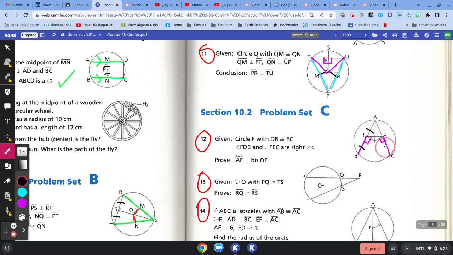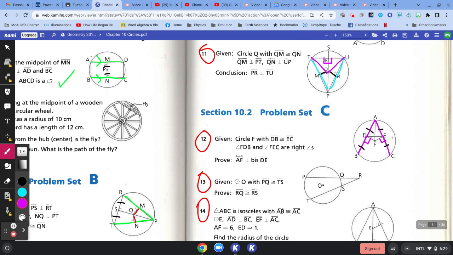So we also know that EC and EA are congruent because E is a midpoint, because EF forms a perpendicular bisector with AE. But since we know that DB and EC are congruent, we may as well extend the congruency all the way from D to A, because we can just add congruent parts to get a congruent sum. So now we know that AB and AC are congruent.